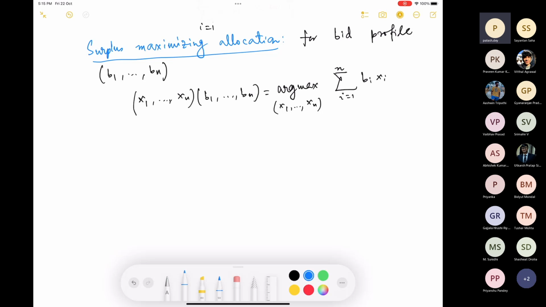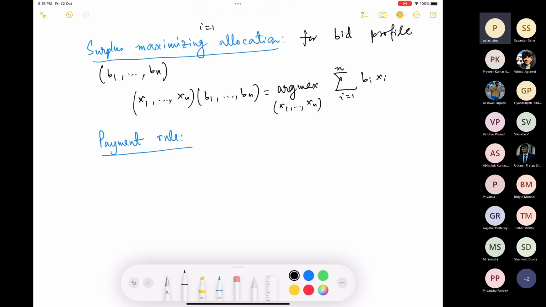So let's see. Consider the payment rule. Recall, how should we compute the payment for the ith player?